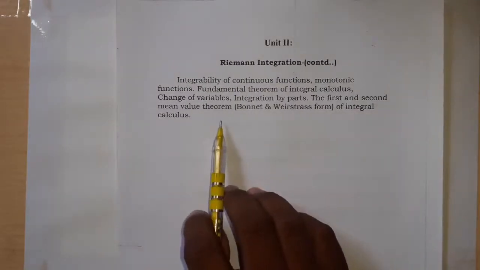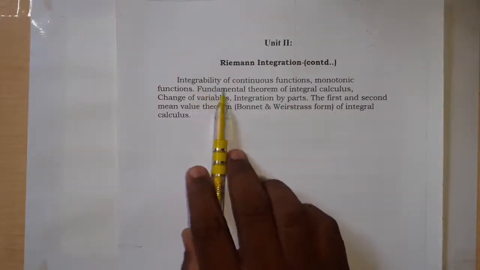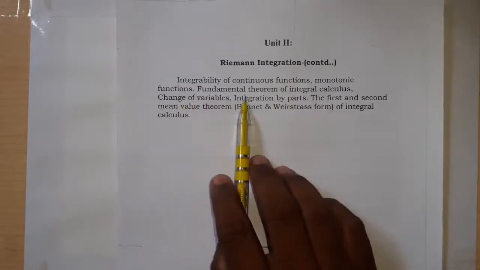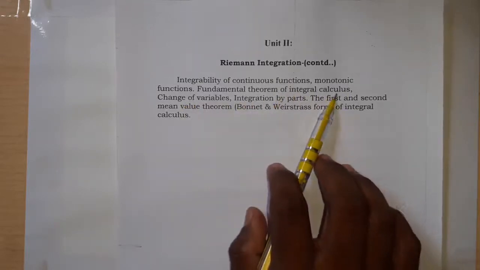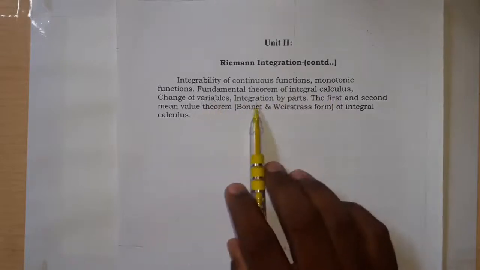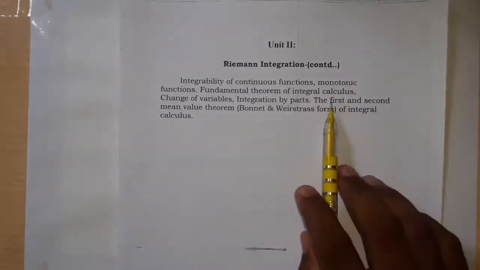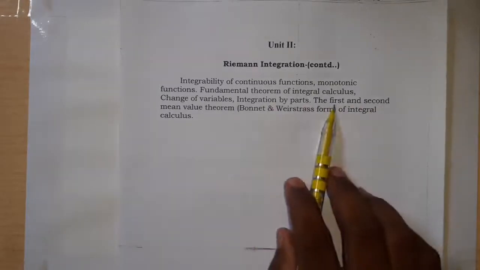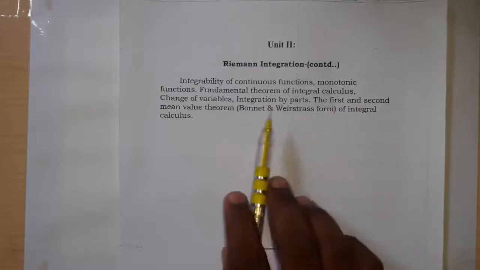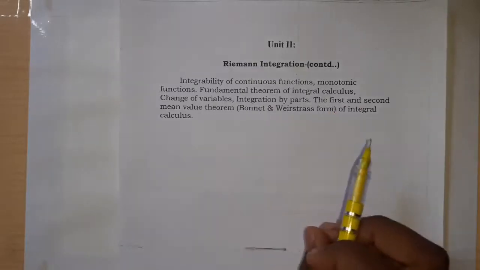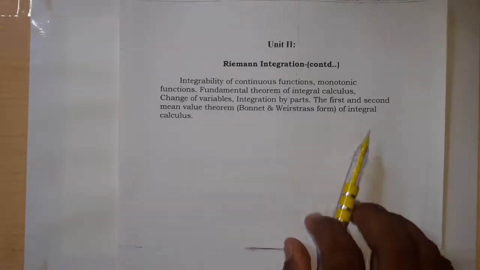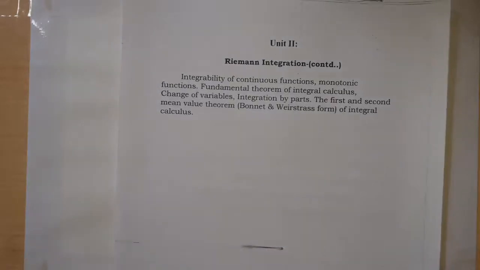The syllabus of this unit is integrability of continuous functions, monotonic functions, fundamental theorem of integral calculus, change of variables, integration by parts, and the first and second mean value theorems. The first mean value theorem is called the Bonnet form of the theorem, and the second one is the Weierstrass form of the theorem of integral calculus. So, that is the content of the second unit.